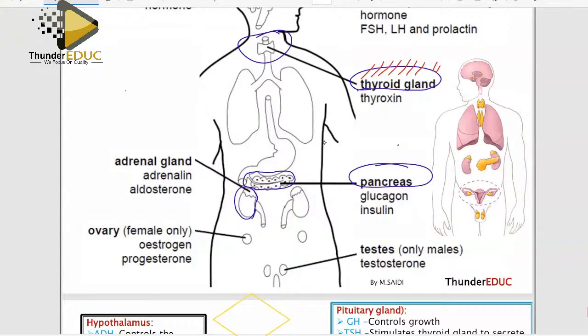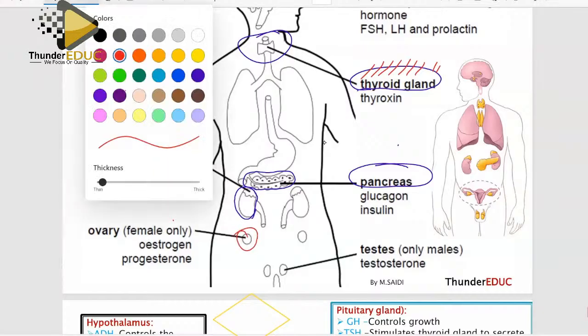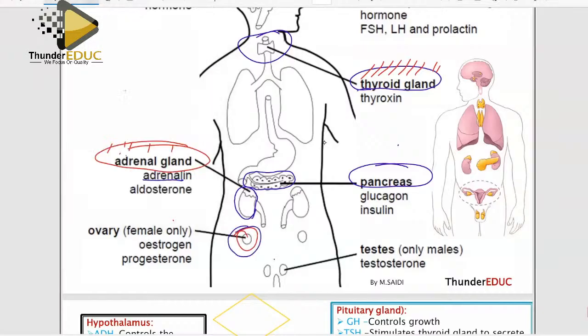It is produced by the adrenal gland. I think you have never heard about this one, so you need to know where it is located also. Then we have another gland called the ovary. Don't tell me that you don't know it unless you're not a lady. Yes, ovary, you know it.